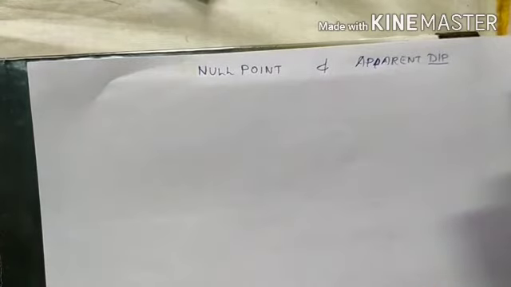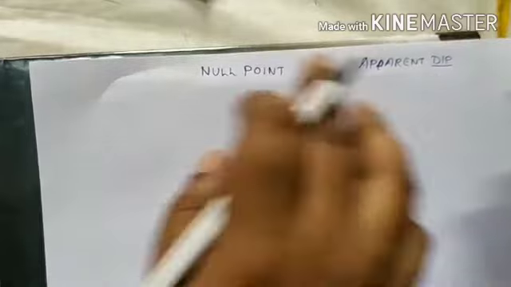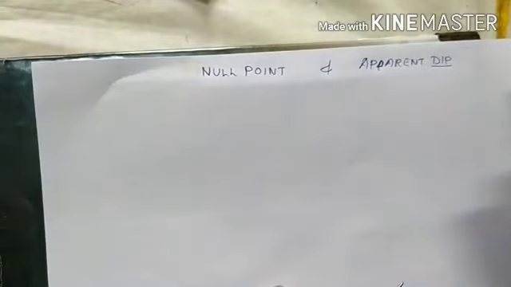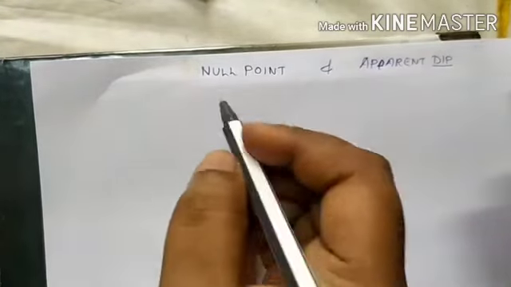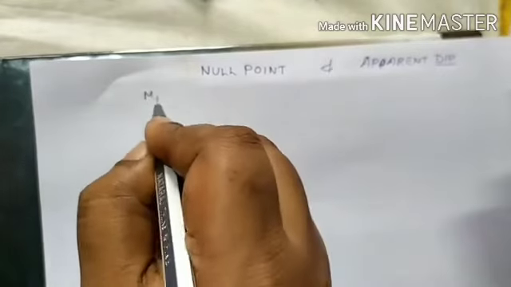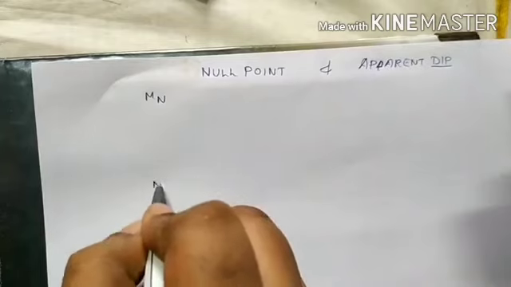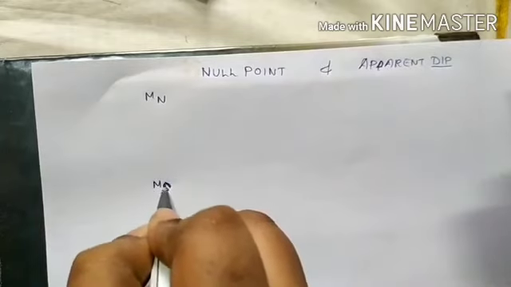Clear? Now I will show you where the null points occur. First we consider a scenario to find them. We use a permanent magnet, which we can consider as our compass. I'm first drawing the magnetic north and magnetic south.